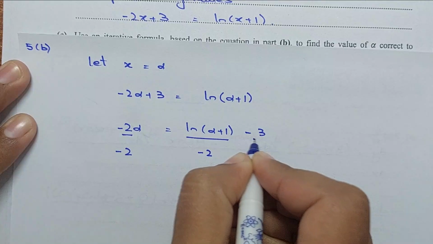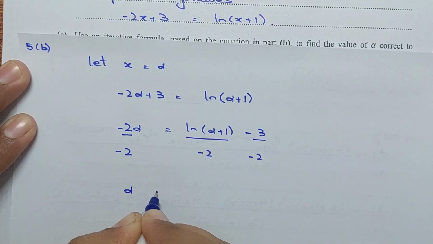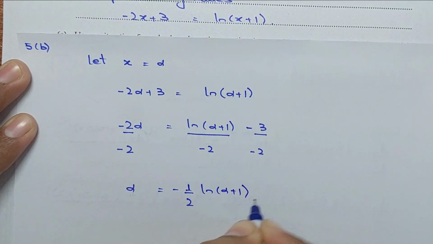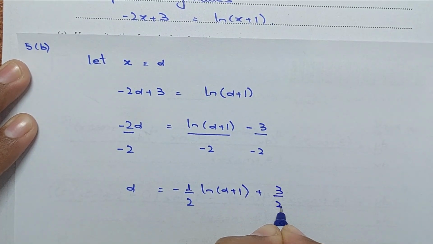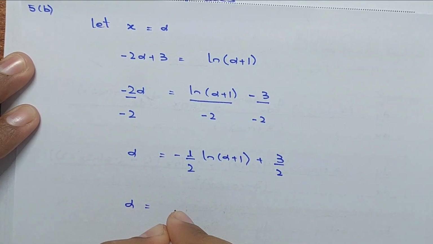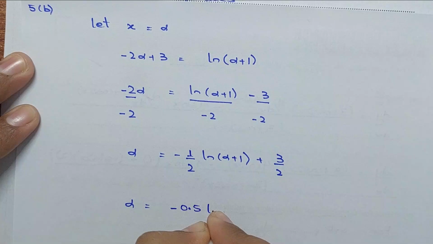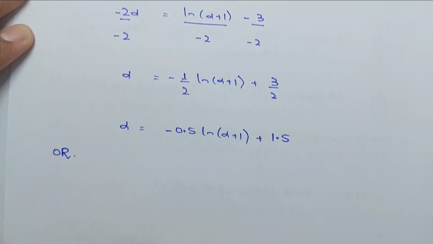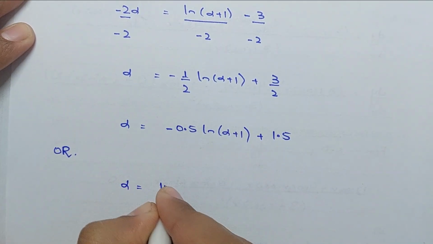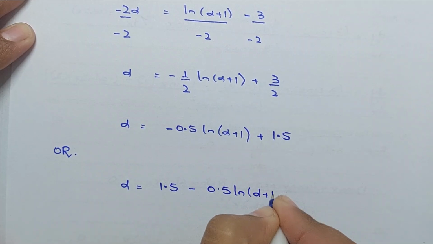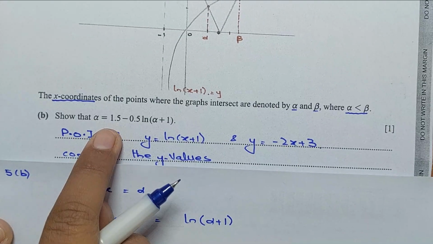So alpha equals minus 1 over 2 ln of alpha plus 1 plus 3 by 2. And we know that 1 by 2 is 0.5 and 3 by 2 is 1.5. So alpha is minus 0.5 ln of alpha plus 1 plus 1.5, or we can say alpha is 1.5 minus 0.5 ln of alpha plus 1. This is exactly the same.